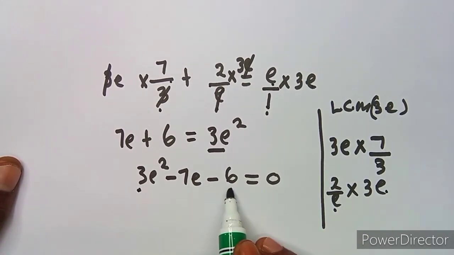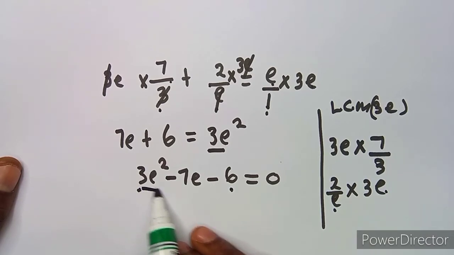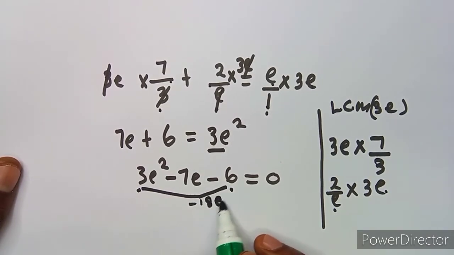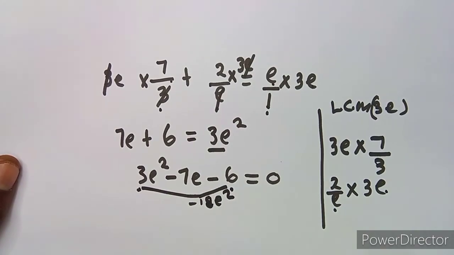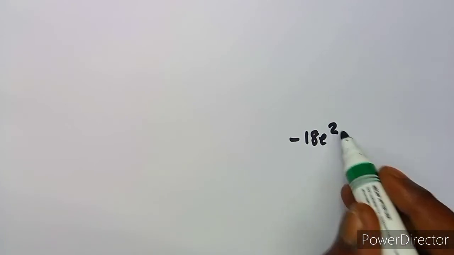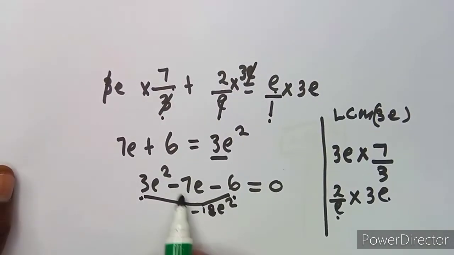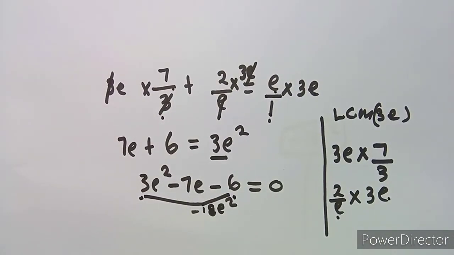So 3 and minus 6. If you multiply these two terms, you obtain minus 18e squared. So you have to find factors of minus 18e squared, but these factors should be such that when you add them, they give us minus 7.